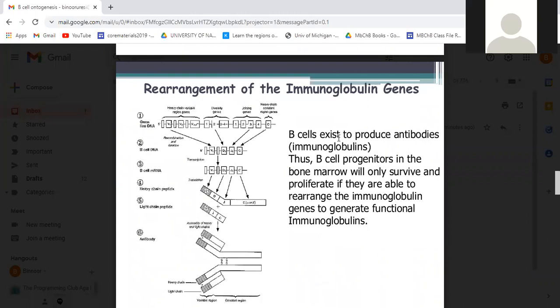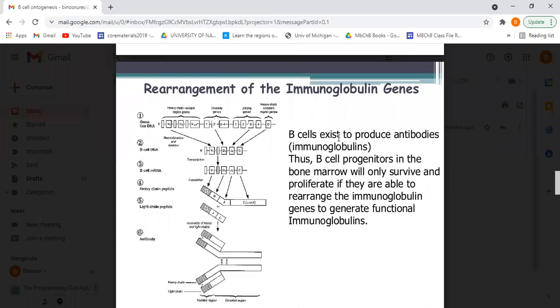Now, this gives you kind of a summary of what happens, and I have to reiterate, we have mentioned that there is this existence of immunoglobulin genes that are not yet rearranged, but beginning with the stimulation by the stromal cells, providing contact and secreting the interleukin-7, this process causes the B cell to begin rearranging its immunoglobulin genes, and this will begin with heavy chain, then comes to the light chain, and finally there is now a conjoining of these chains, heavy chains as well as light chains, to make an immunoglobulin structure that provides the shape of a B cell receptor that you can find on a mature B cell.